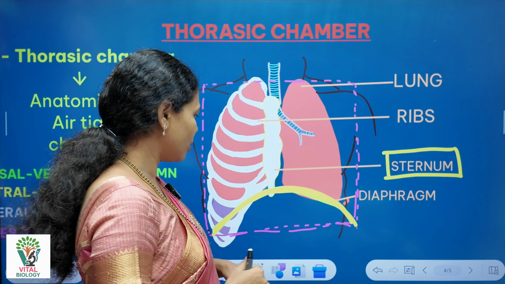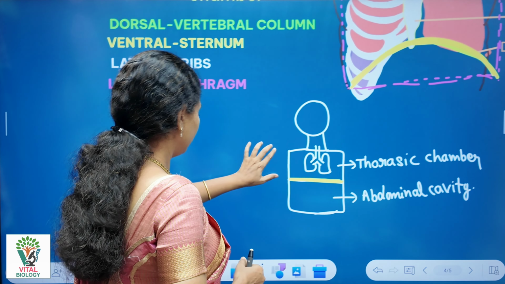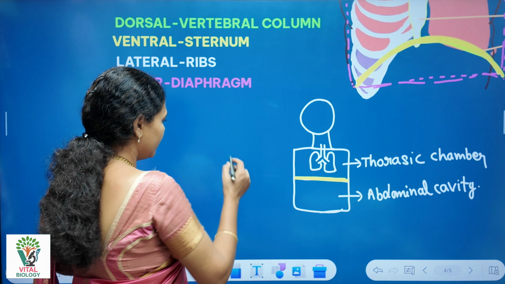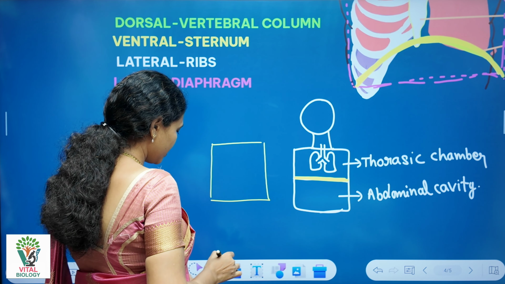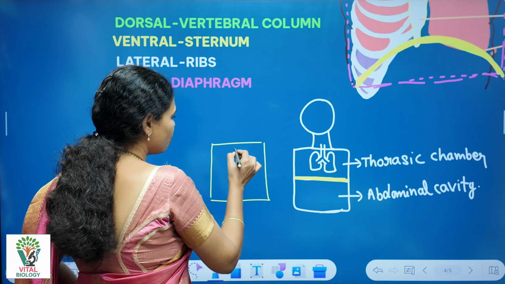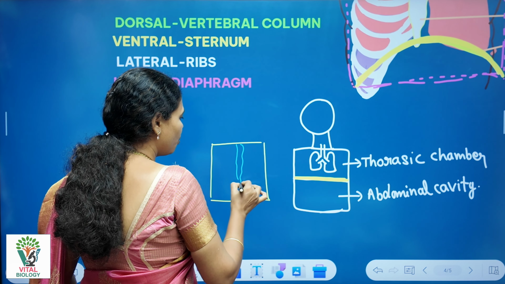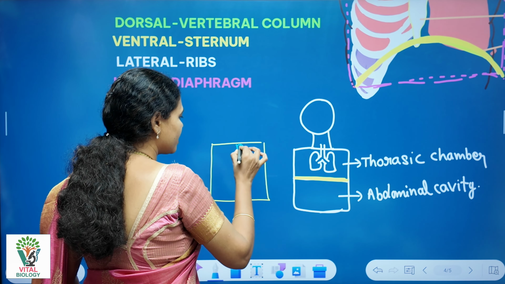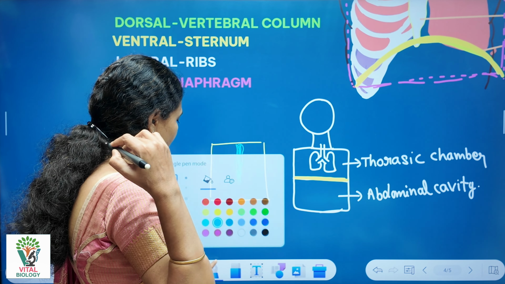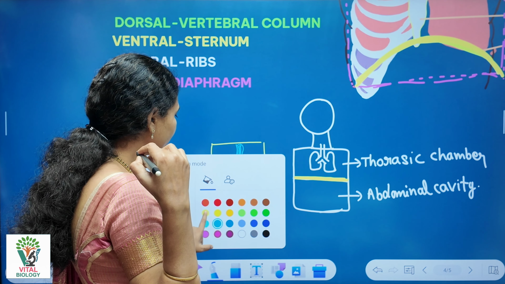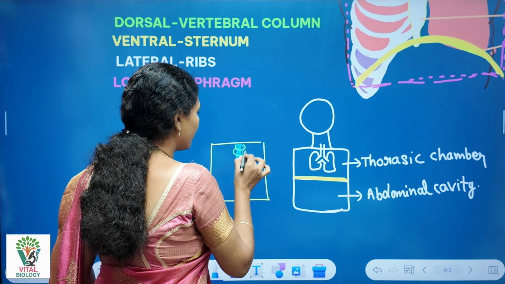Suppose this is a chamber, and towards the mid-ventral position one bone is present, which is called the sternum. At the same position but towards the dorsal side, another bony structure is present, that is the vertebral column.